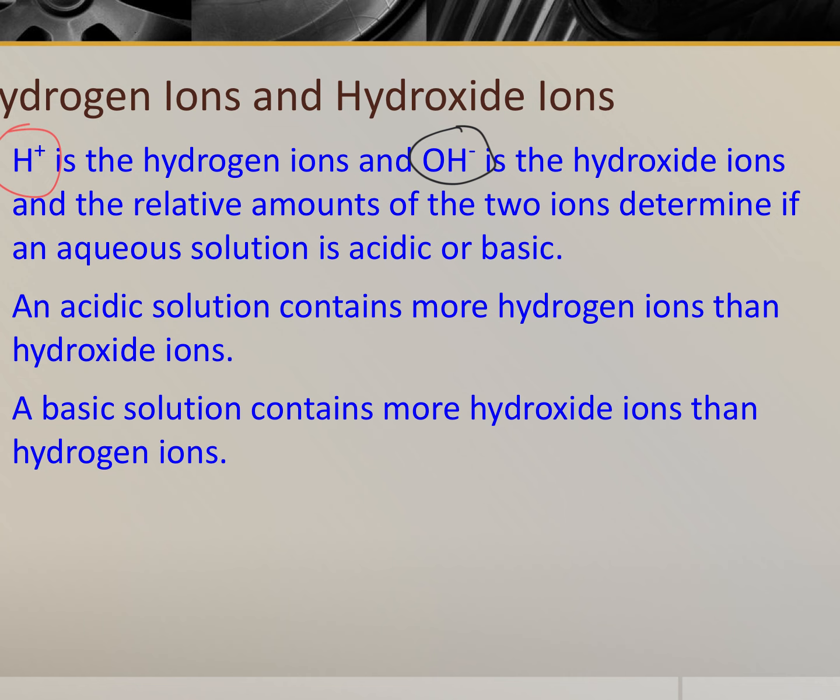Acidic substances tend to have more hydrogen, and then basic substances tend to contain more hydroxide. Now they can contain both, but one will be more dominant and one is less. Think of it this way: I am genetically male because I have more testosterone than other hormones that would make me female. Okay.